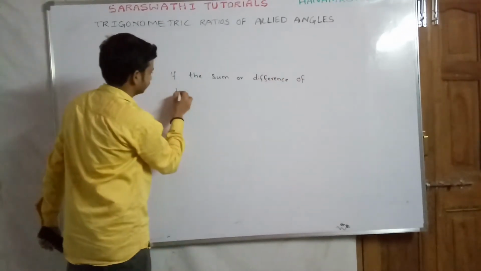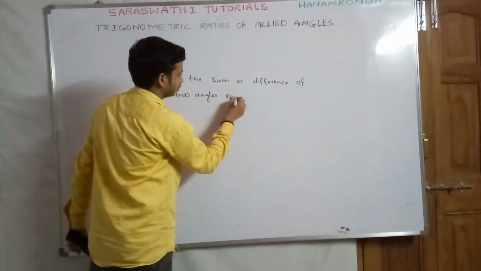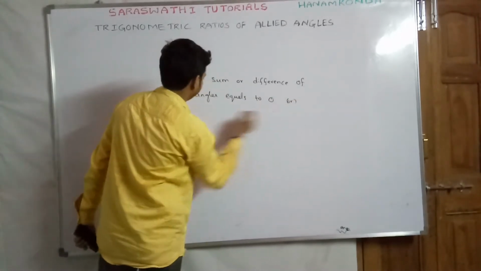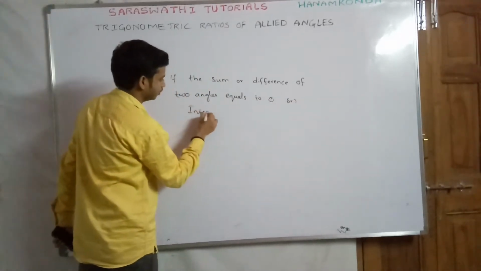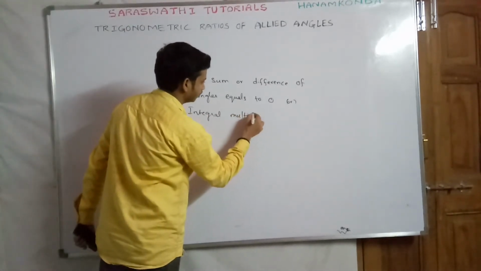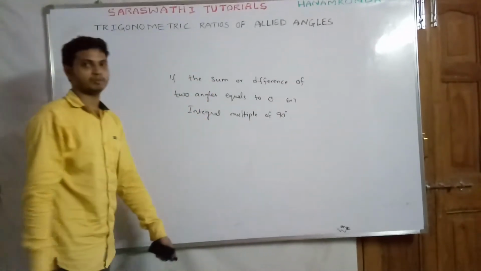So if the sum or difference of two angles equals 0 or an integral multiple of 90 degrees, then they are said to be allied angles.